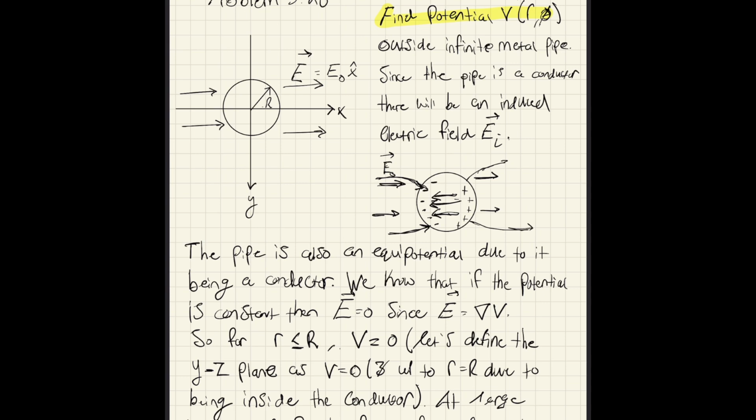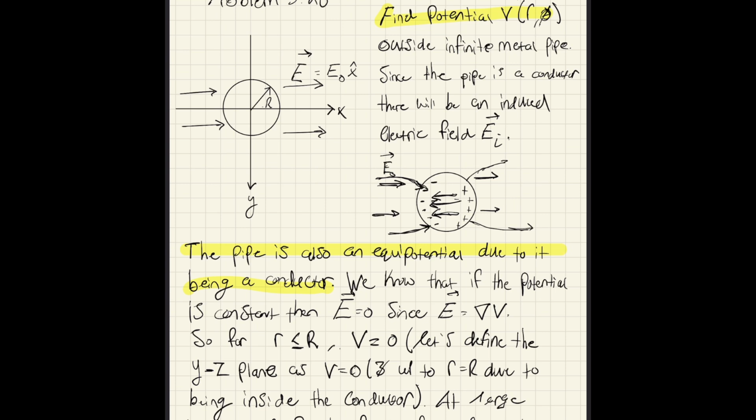Because the pipe is a conductor, we know that it is an equipotential, which means the potential is constant throughout the volume of the pipe.